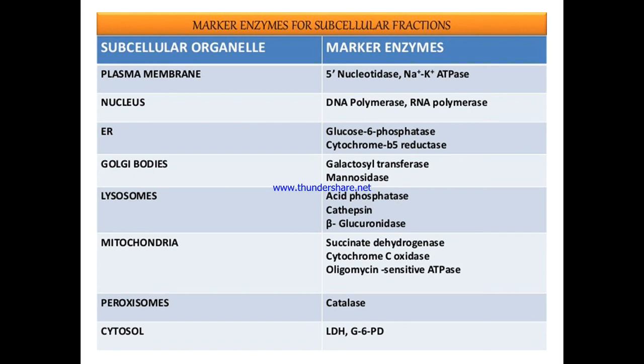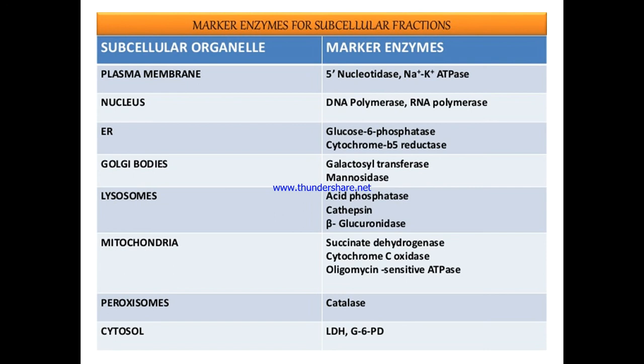The marker enzymes for the plasma membrane are 5' nucleotidase and Na-K ATPase, and for the nucleus, DNA polymerase and RNA polymerase. For the endoplasmic reticulum, glucose-6-phosphatase and cytochrome b5 reductase. For the Golgi bodies, galactosyl transferase and mannosidase.